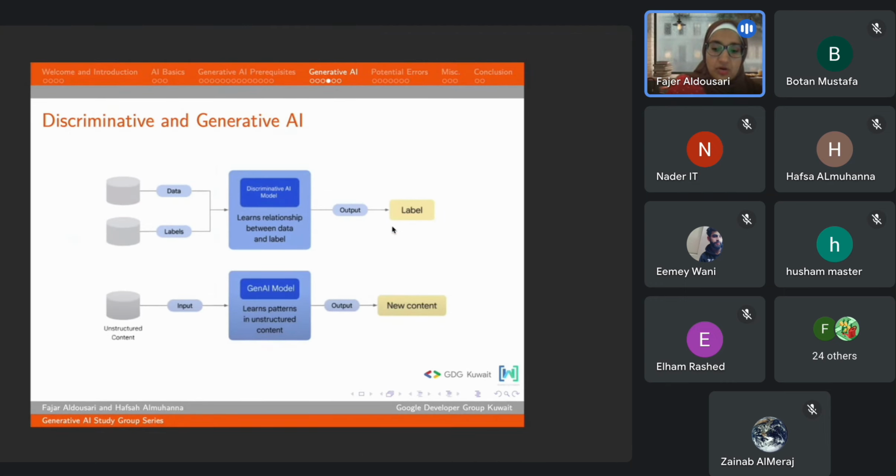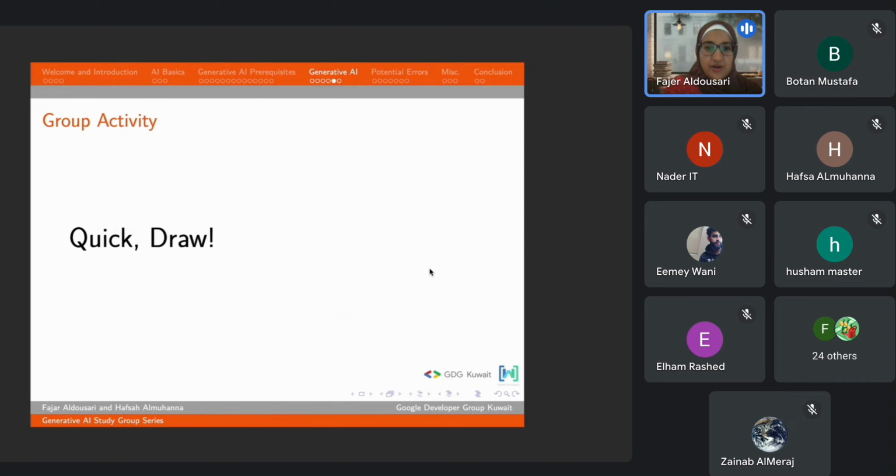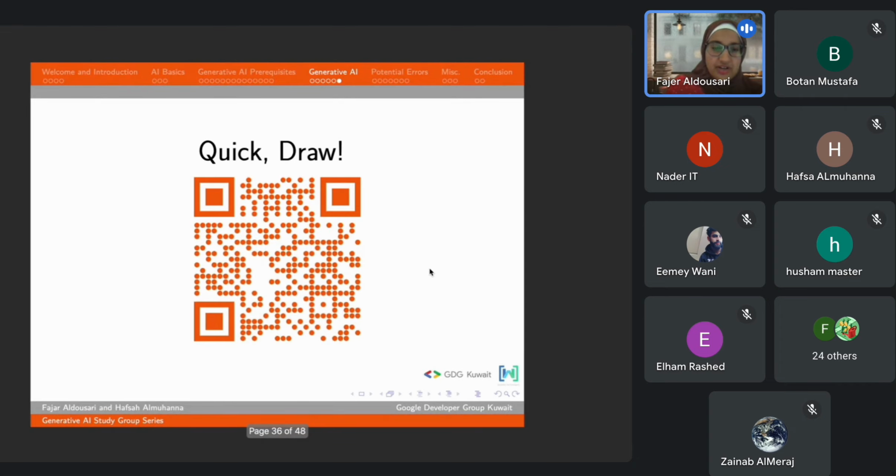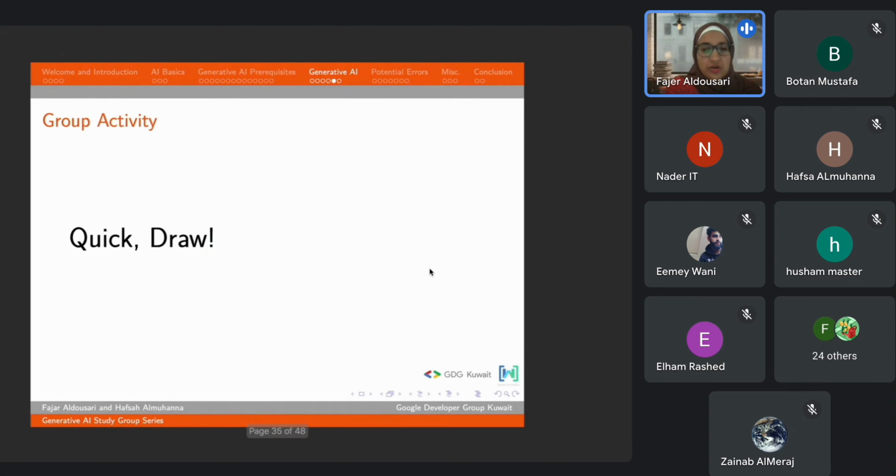Okay, so now we're going into our first group activity. Let me share and show you how it looks. This is software developed by Google called Quick Draw. You click on it here, and it gives you a drawing prompt, and you draw it.